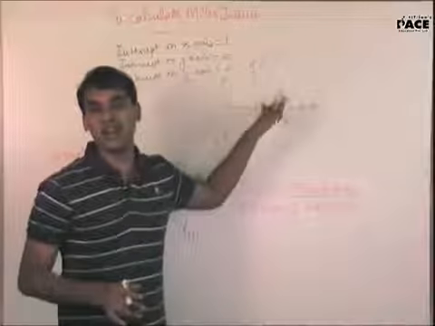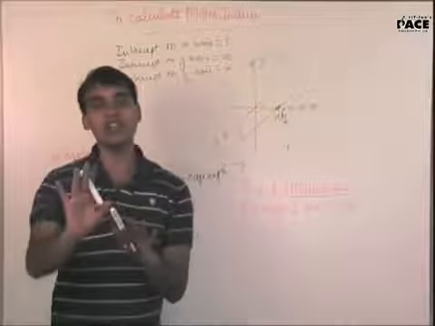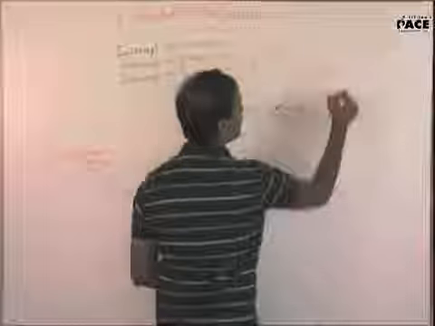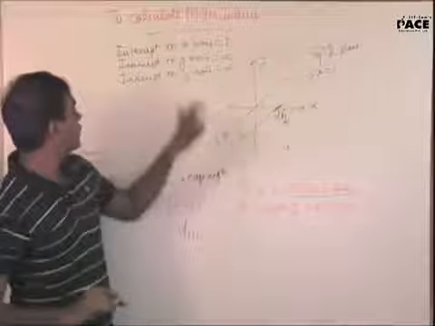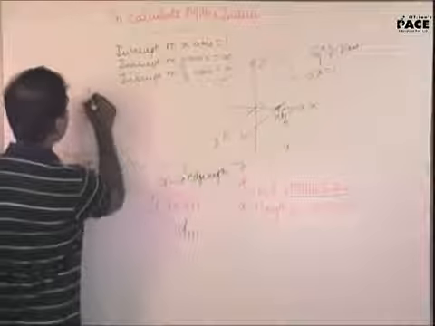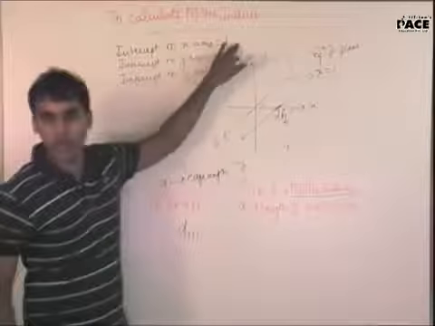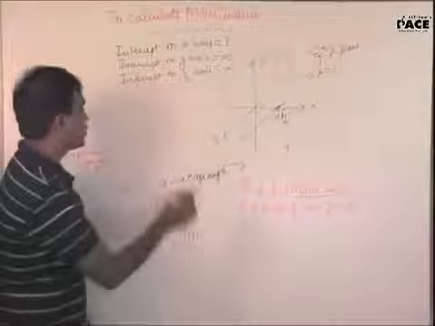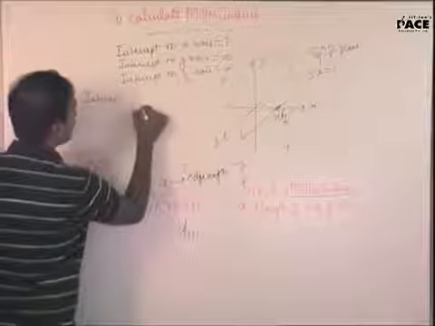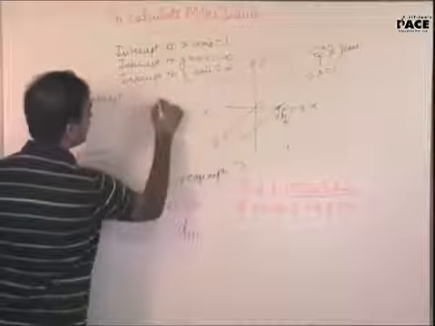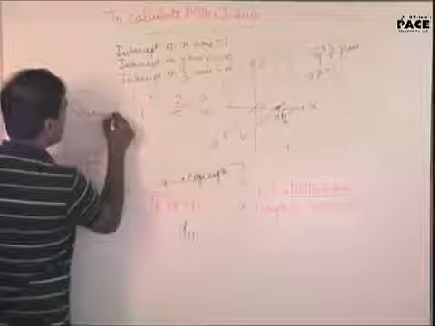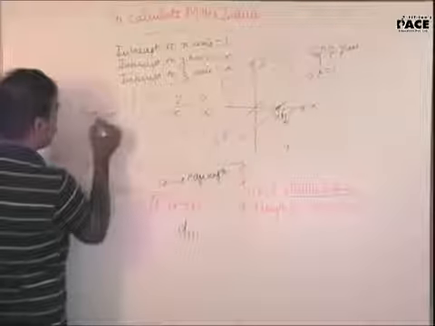Suppose you have to find the Miller indices for this. First of all, they will give you a plane. For example, I give you a plane whose equation is x equal to 1. So first find the intercepts. The intercept on the x-axis is 1, on the y-axis is infinity, and on the z-axis is infinity. So write the intercepts: 1, infinity, infinity for x, y, z. Second, take the reciprocal of all these.